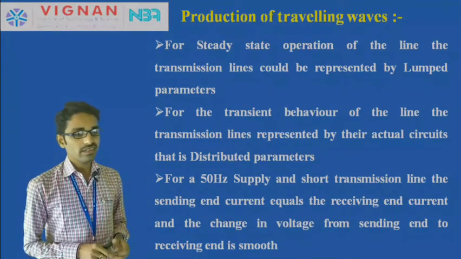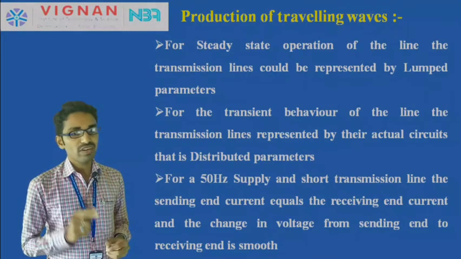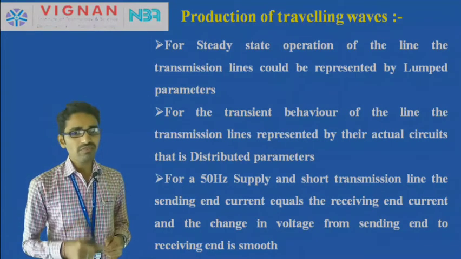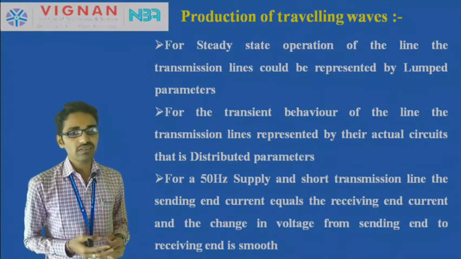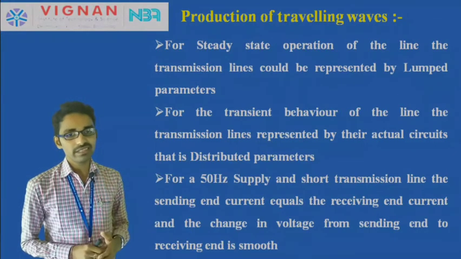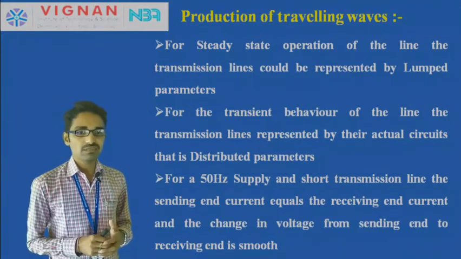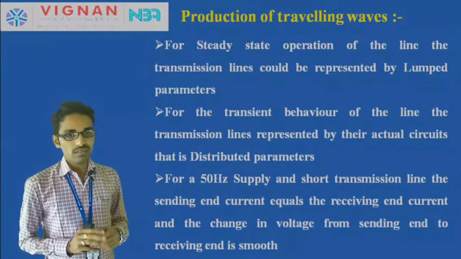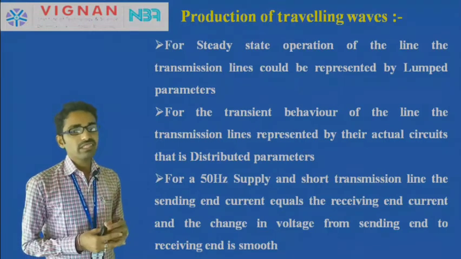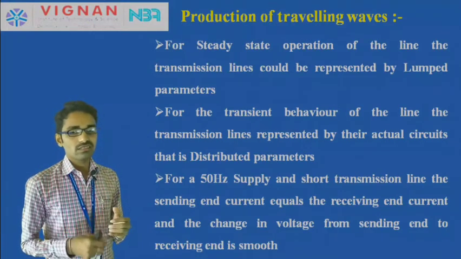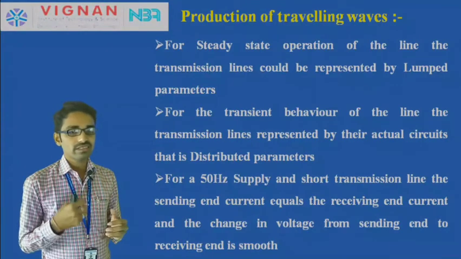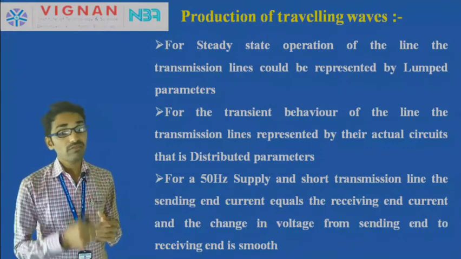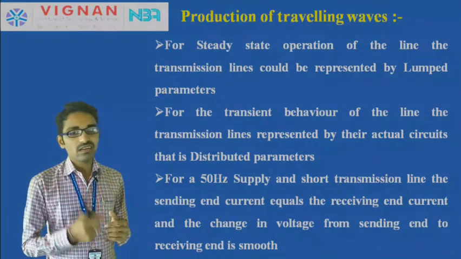But this condition holds in steady state operation. When we are studying the behavior of the transmission line under transient conditions, it is no longer good. That means, for a 50 hertz supply, the short transmission line has the sending end current equal to the receiving end current when it is in steady state operation, but when it is a transient condition it is going to change.